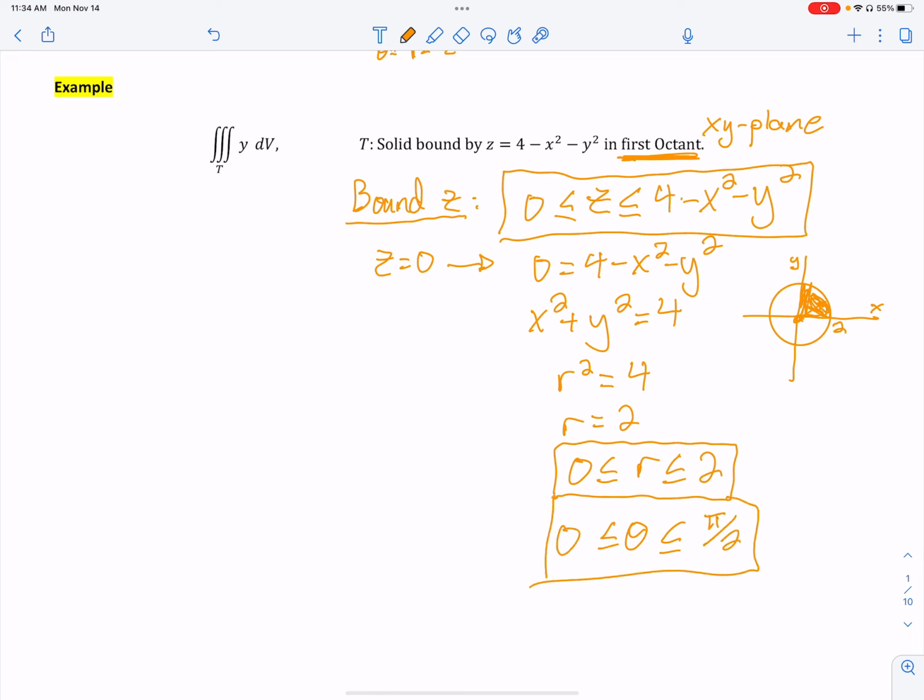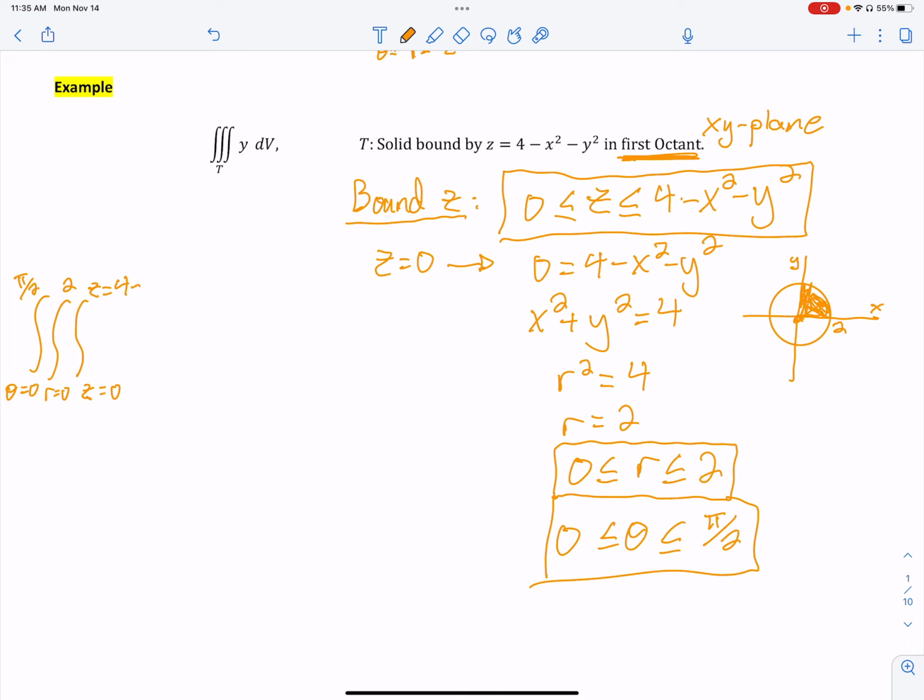So now we have all our regions. So let's set that up. We have theta between 0 and pi over 2, and we have r caught between 0 and 2. And then we also have z, which is caught between 0 and that function, 4 minus x squared plus y squared.